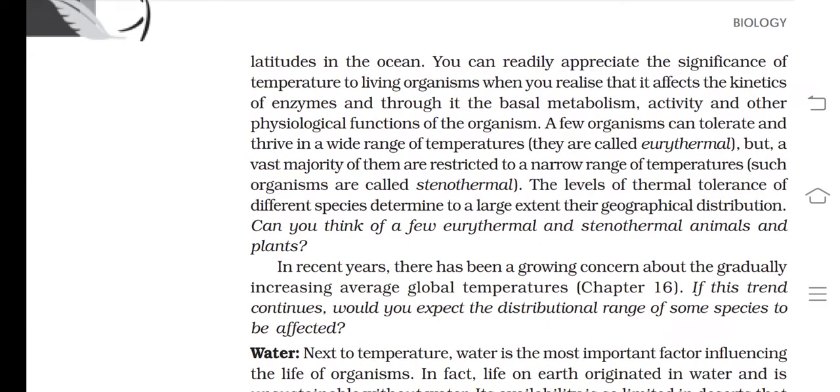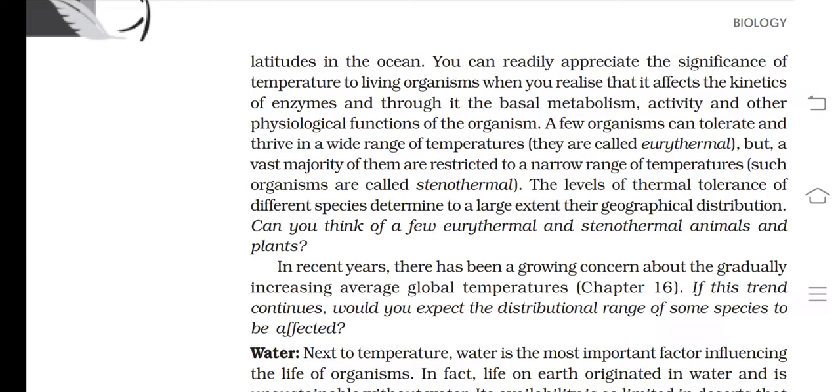So we can say that temperature is directly connected with the kinetics of enzymes, and you know that the enzymes are responsible for each and every process done in our body. So because of the kinetics of enzymes, our basic metabolic activities as well as the physiological functions of our body will be directly affected by the temperature.